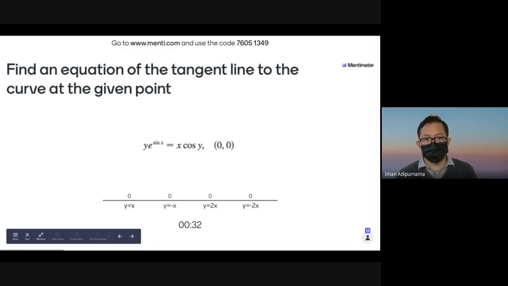If you get the results, you can choose the correct answer. You have around 25, 24 seconds. Okay, 20 seconds. 3, 2, 1.